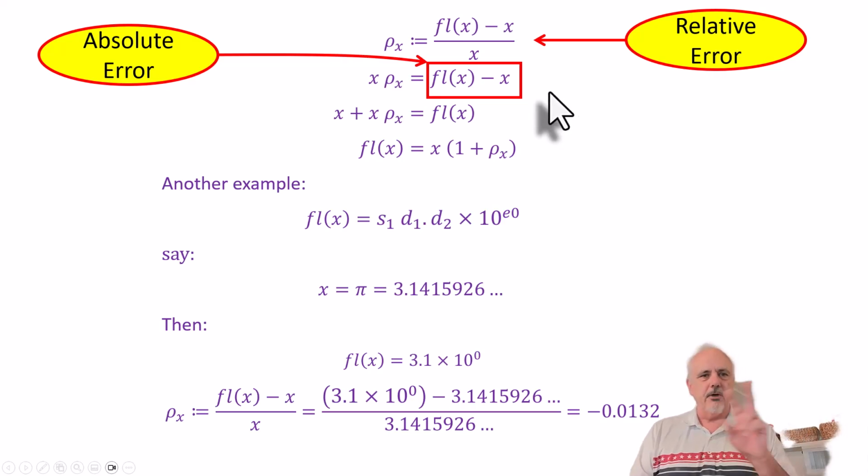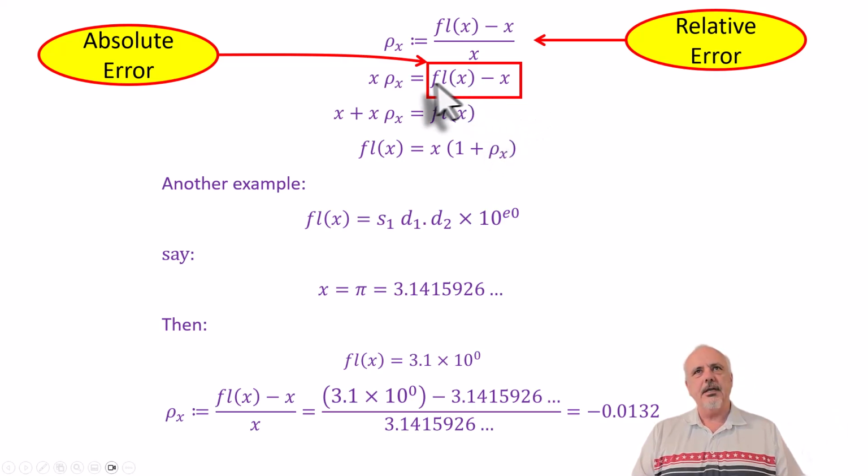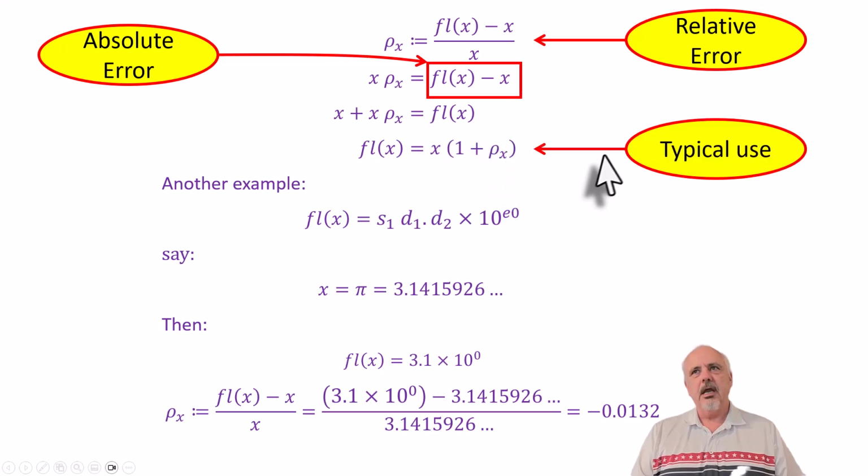Those are two different errors that you want to really understand. If I rearrange these, I get a format that I'll use a lot, where floating an x is equal to x times the quantity 1 plus the relative error of the floating point operation. So I'll use that a lot.